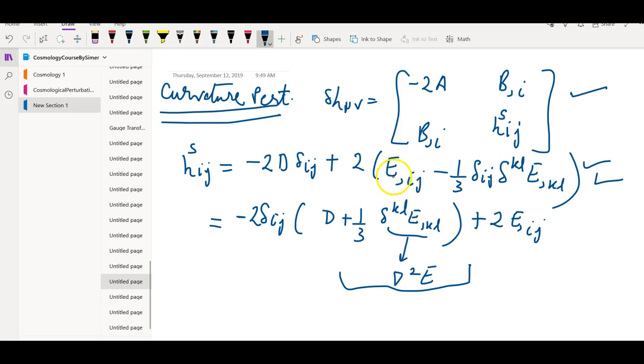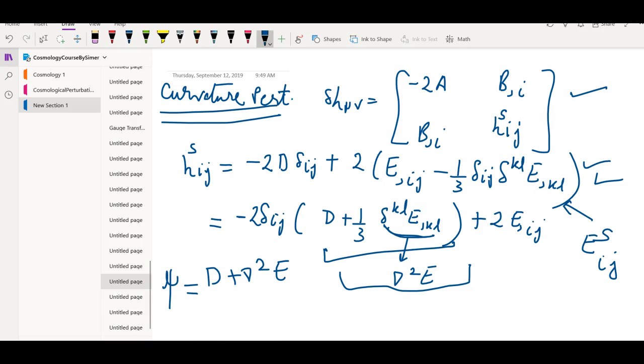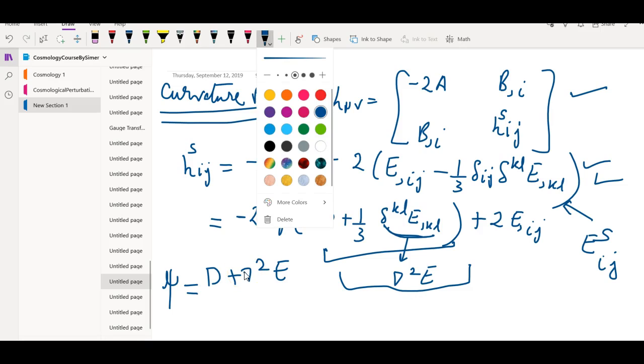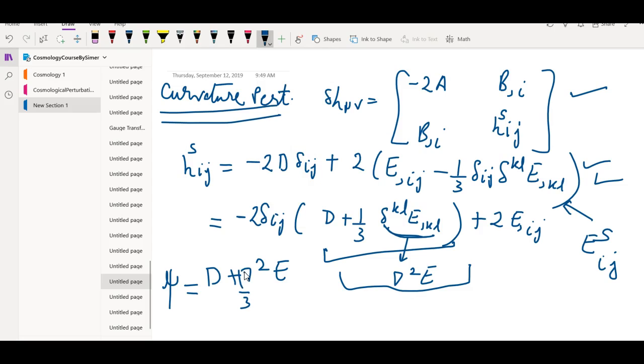So Hij scalar has minus 2d delta ij, and this is coming from Esij scalar. And when you factor out delta ij from these two terms, you end up with this term, del square E, and d plus 1 by 3 del square E is defined as the scalar perturbation psi.